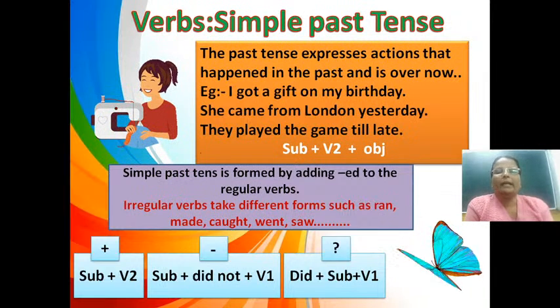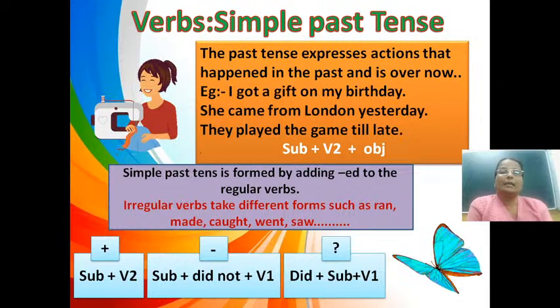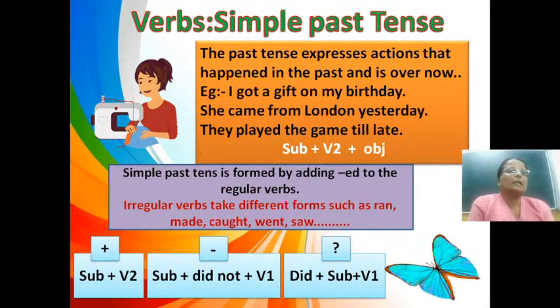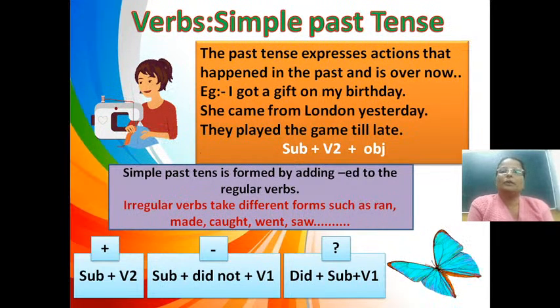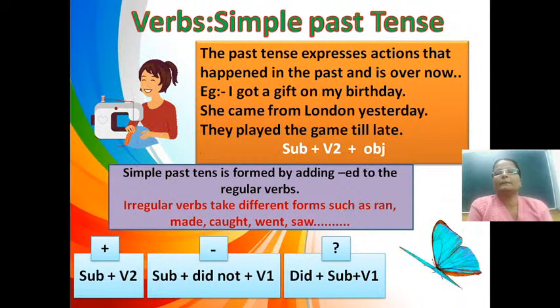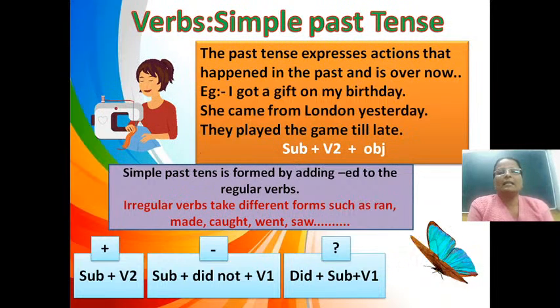So, the base form of making a sentence in simple past tense is subject plus V2 plus object. V2 means the past tense form of the verb. Okay.